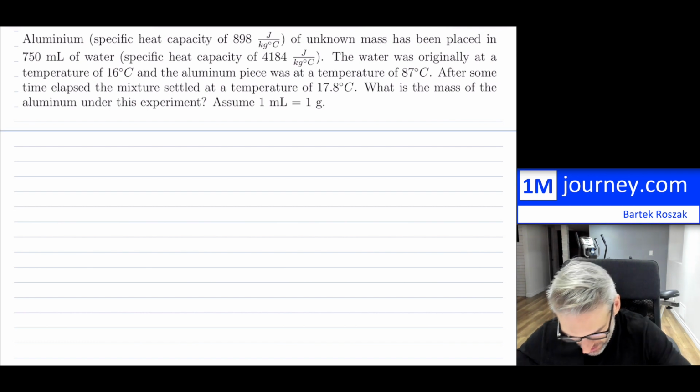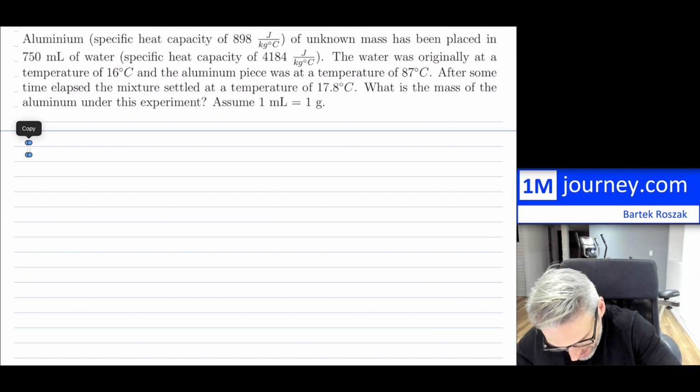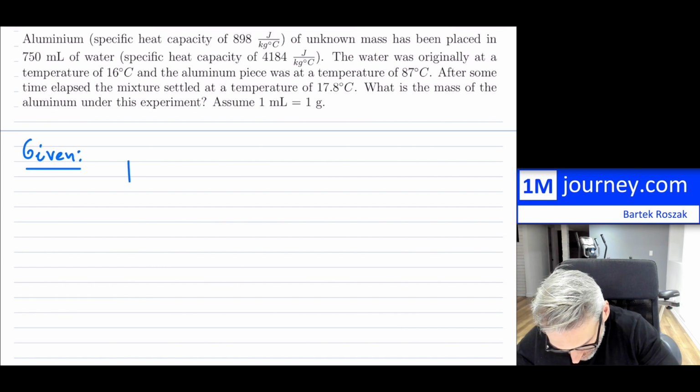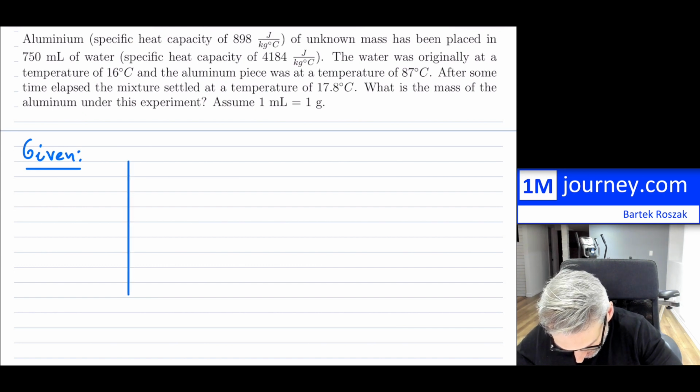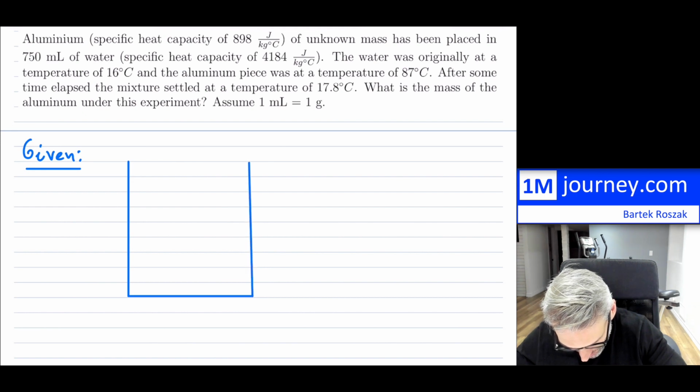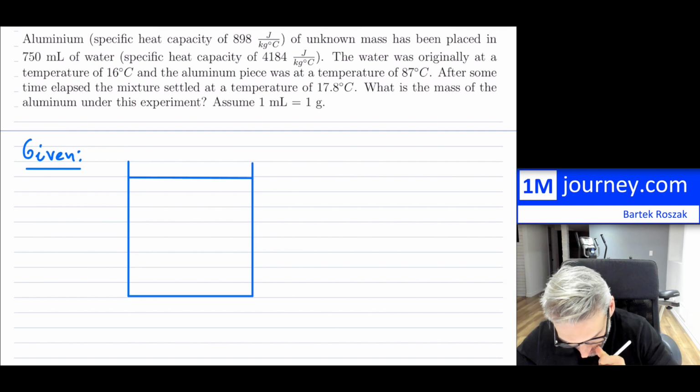Let's write down all the given pieces of information here. I'm going to get started and let you know what's happening. If you take a look at this, we have some kind of water, maybe in some container. Then we put some piece of aluminum inside.